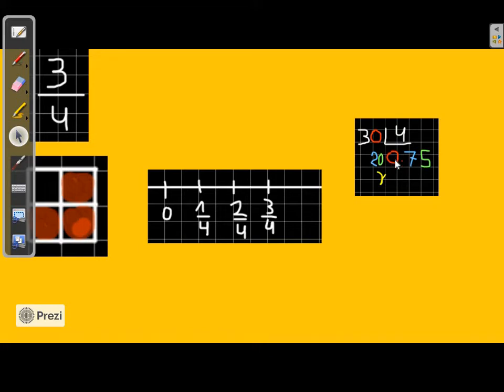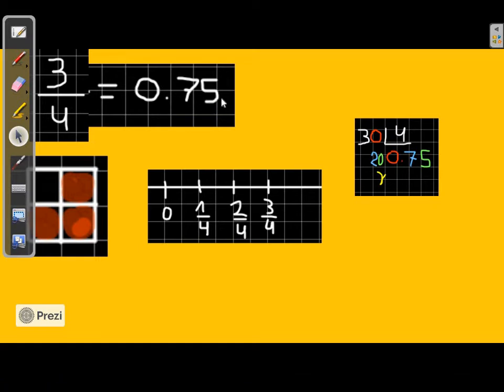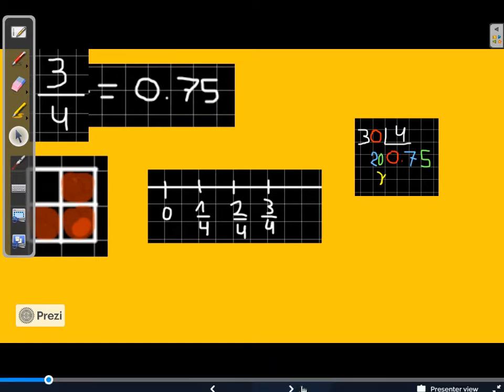If you divide 3 by 4, that will give you 0.75. What does this number mean? Well, 3/4 is equal to 0.75. And this is a finite decimal number. There are no more numbers after the 5.